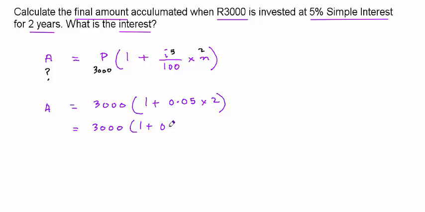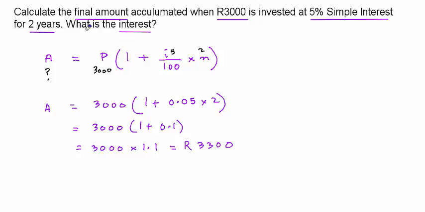So this is going to be 3000 times 1.1, which is 3,300 Rand. So if you invest this amount of money at this rate of interest for this many years, the final amount that you get is this.